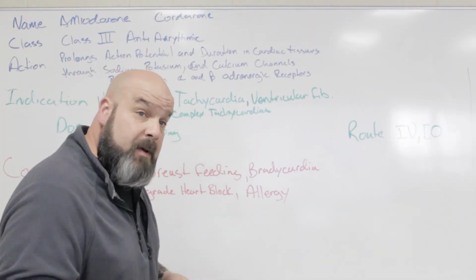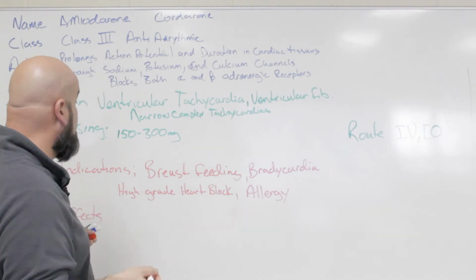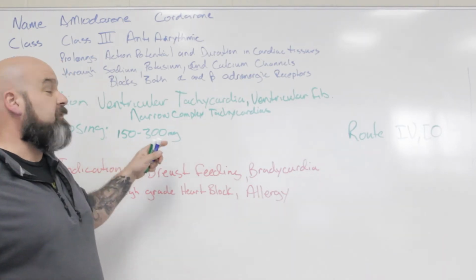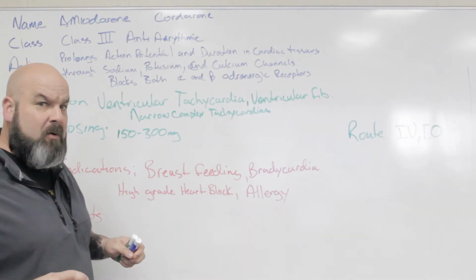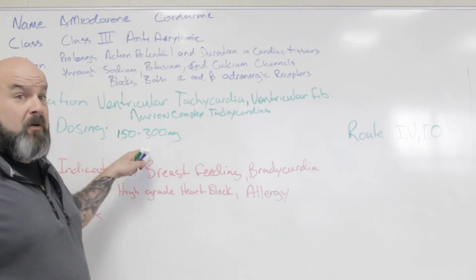Okay, let's go back and talk about dosing for just a second. So our dosing is 150 to 300 milligrams. That's not quite right. That would be on your first dose.